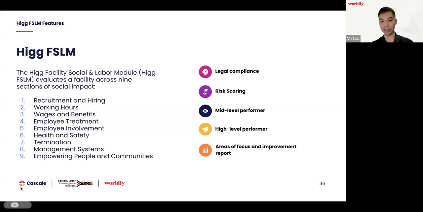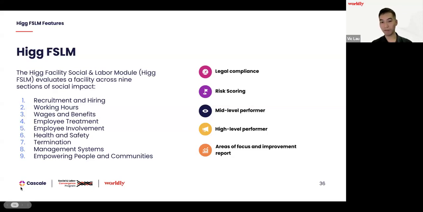And for health and safety, you can further look into how the work hours are in the facility, and also whether the workers are being paid according to the minimum wage, etc. And on the employee engagement areas, you can look into people empowerment, and whether there are any community activities happening in the facility. So this is the coverage of the FSLM.